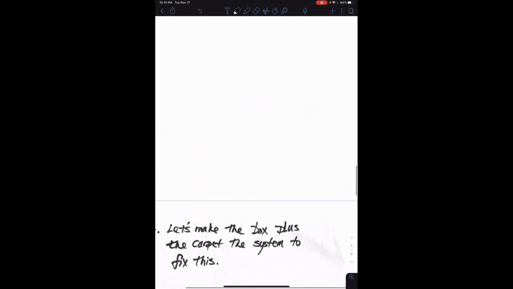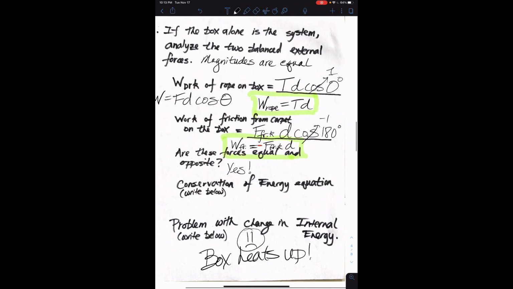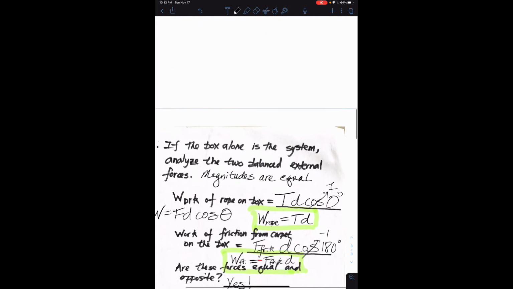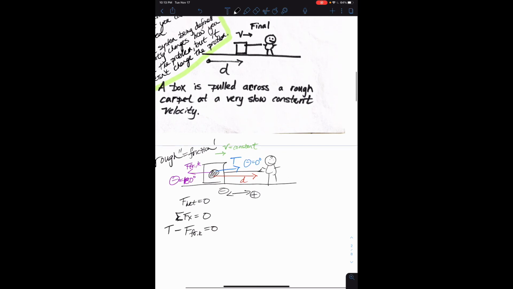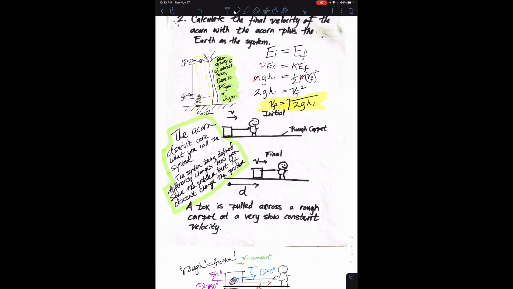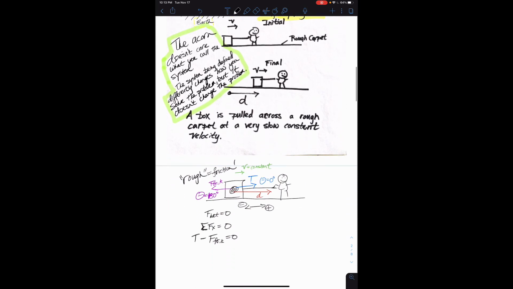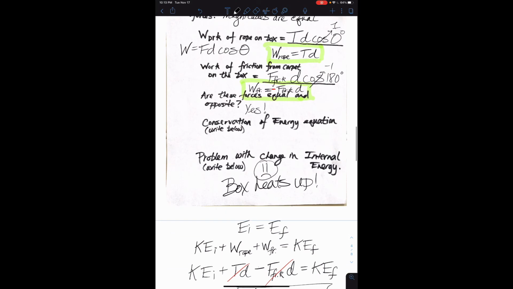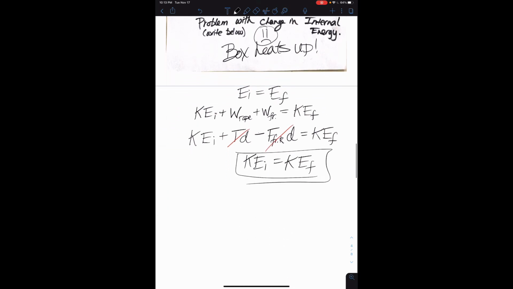Because if we go back and look at this, it's not only the box that heated up, right? The surface did, right? The carpet did. And so both surfaces heated up, and so we have to explain this energy. We know there's energy there. We can even specify the amount, but we have a hard time saying exactly where that energy is. If it's in the box or if it's in the carpeting, yeah, it's tough.